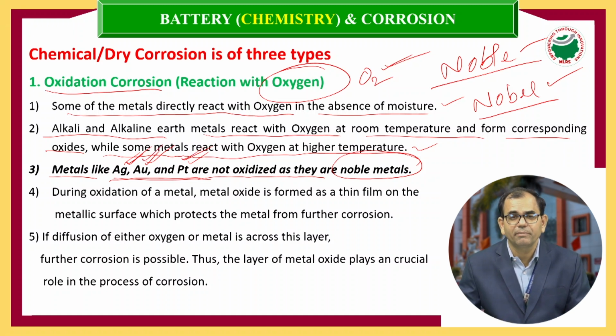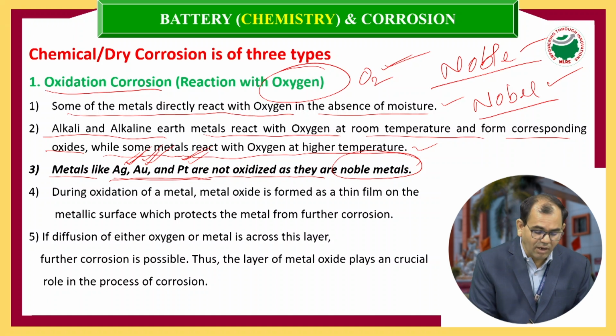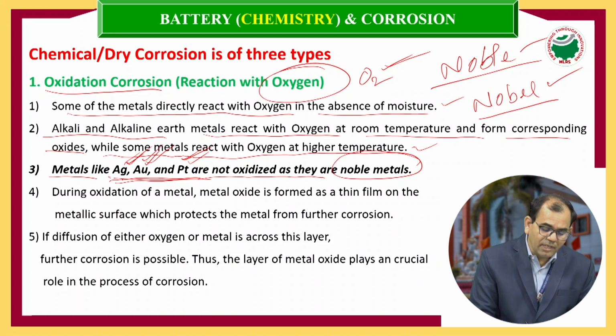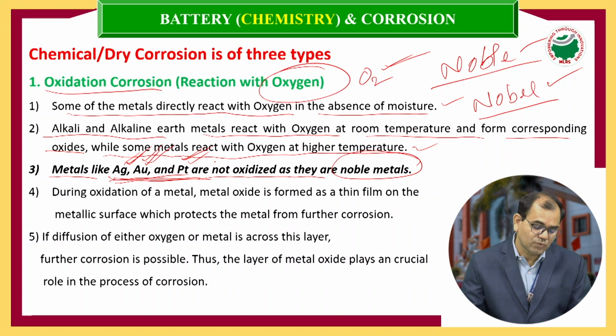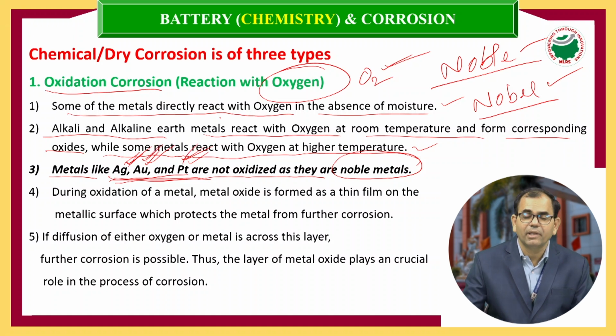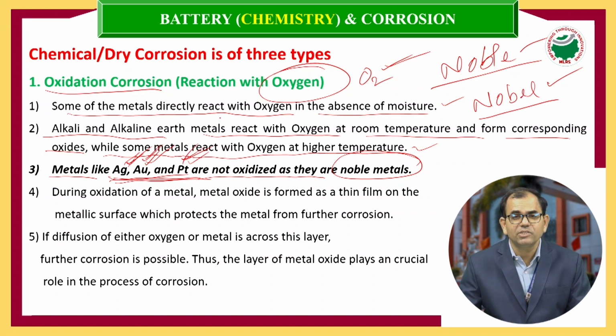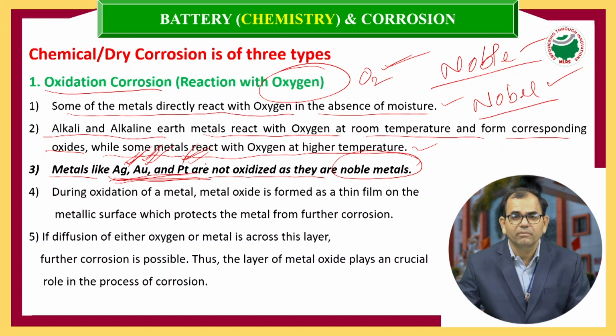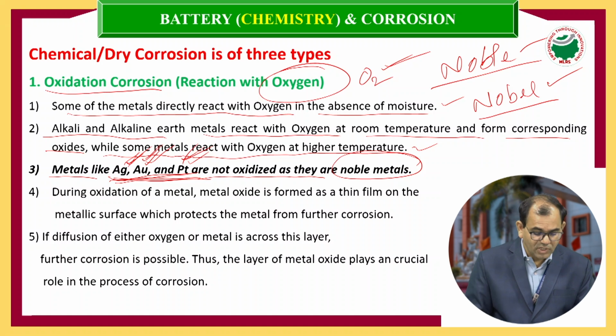They are called noble metals. They are shiny all the time. They won't get affected by atmospheric oxygen or moisture, and they will be shiny all the time. That's why silver, gold, platinum have become very expensive metals to make jewelry and ornaments. It's a huge economic business because of the inertness of these metals.